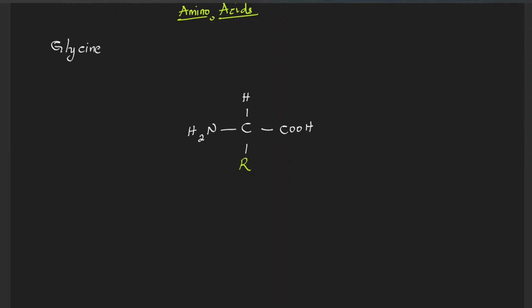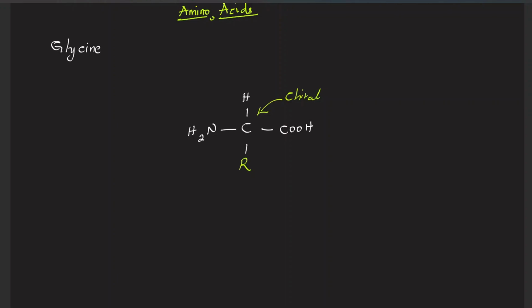Now, most of these amino acids have the alpha carbon as chiral. We will see later on that with the exception of glycine, which has an achiral alpha carbon, all of the other 19 amino acids have a chiral center for the alpha carbon.